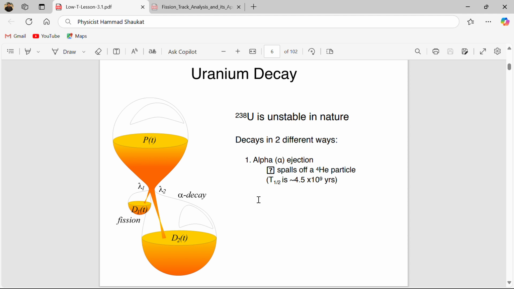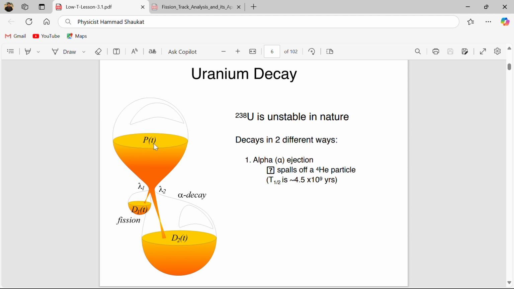A fission reaction takes place in uranium 235 nuclei; with uranium 238, the fission reaction is rare. So uranium 238 is unstable in nature and decays in two different ways.